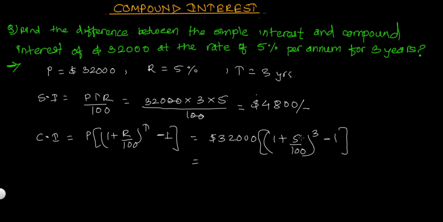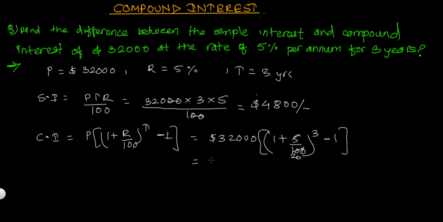So this term will be 1 over 20 because 5 times 20 is 100. So 1 over 20 plus 1, after taking LCM we will get 20. So 20 plus 1 is 21 over 20. So (21/20)^3 gives us 1.15.